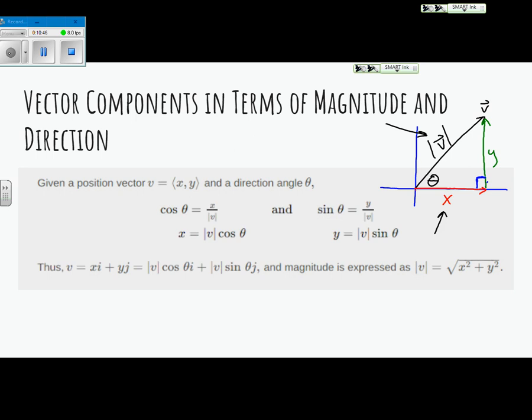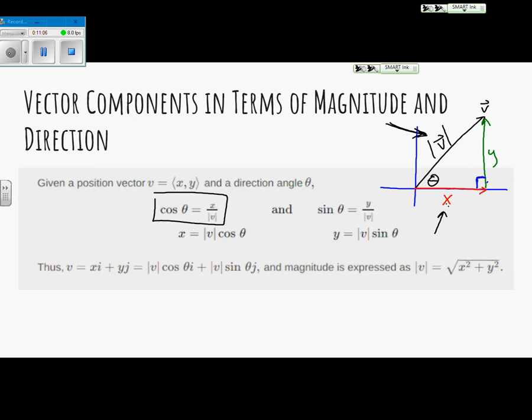And so I know that if I'm looking for this adjacent side right here, and I'm given the hypotenuse, this magnitude of V, then adjacent over hypotenuse, that's going to be cosine.